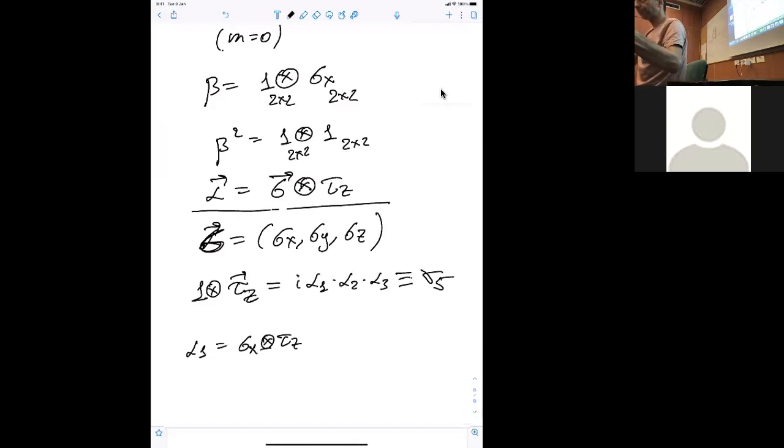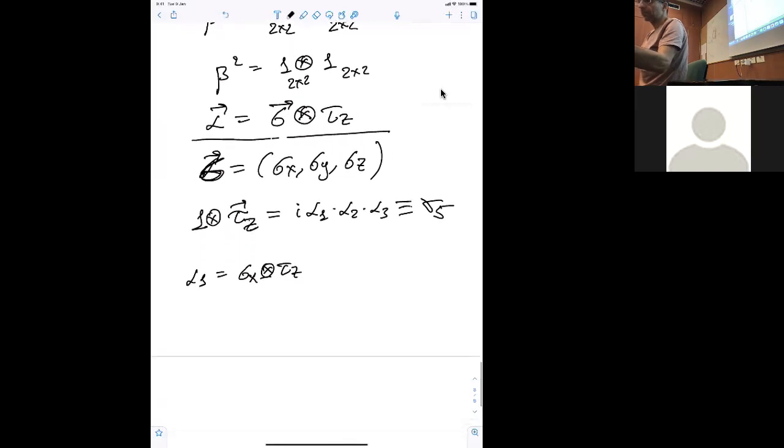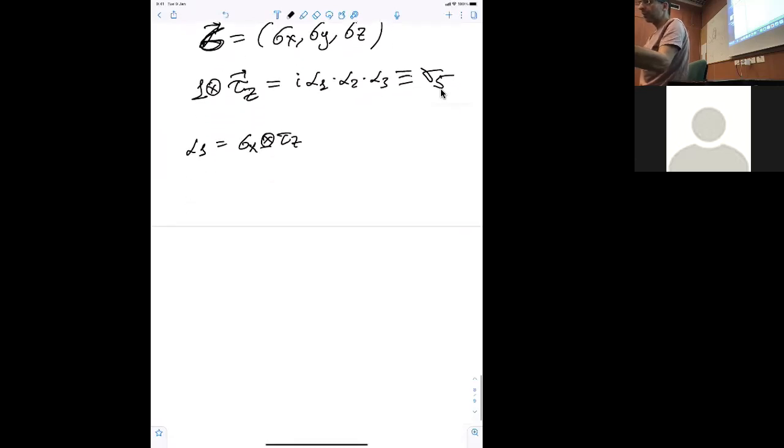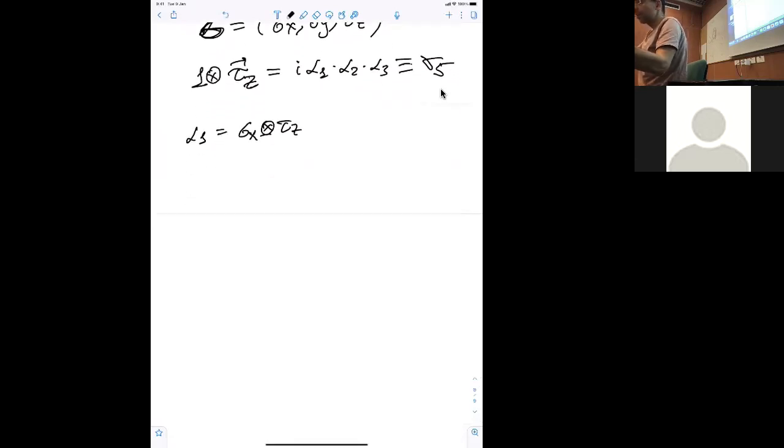So essentially you can now show that in odd dimension space, in 3 dimensions, there is a matrix, this matrix gamma 5.